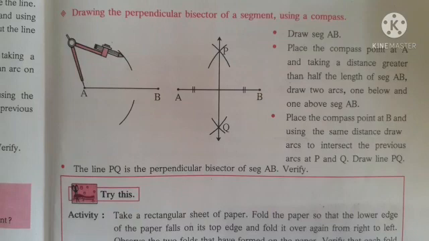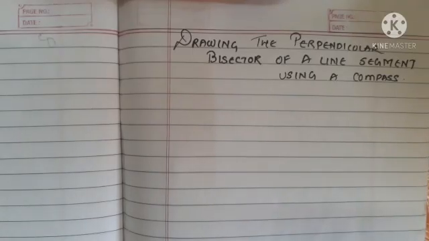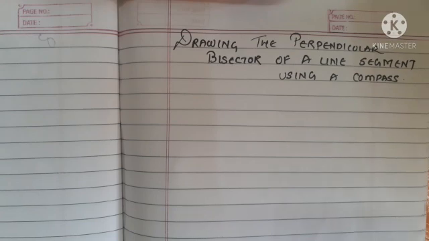Let's move further and see the drawing of perpendicular bisector of a segment using a compass. Now for drawing the perpendicular bisector of a line segment, we will draw a segment first. Previously we have drawn lines for drawing only the perpendicular.